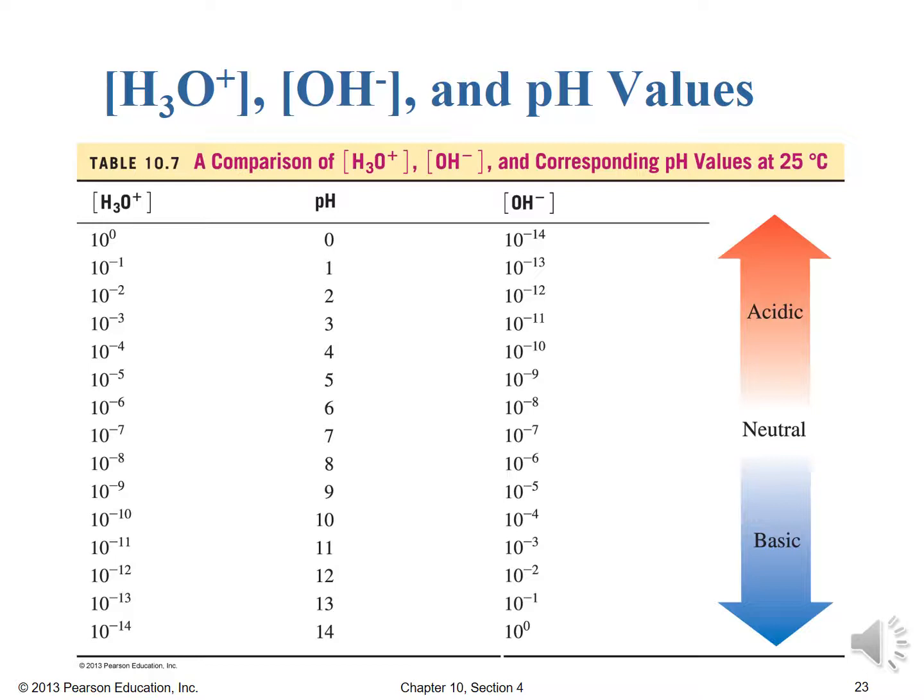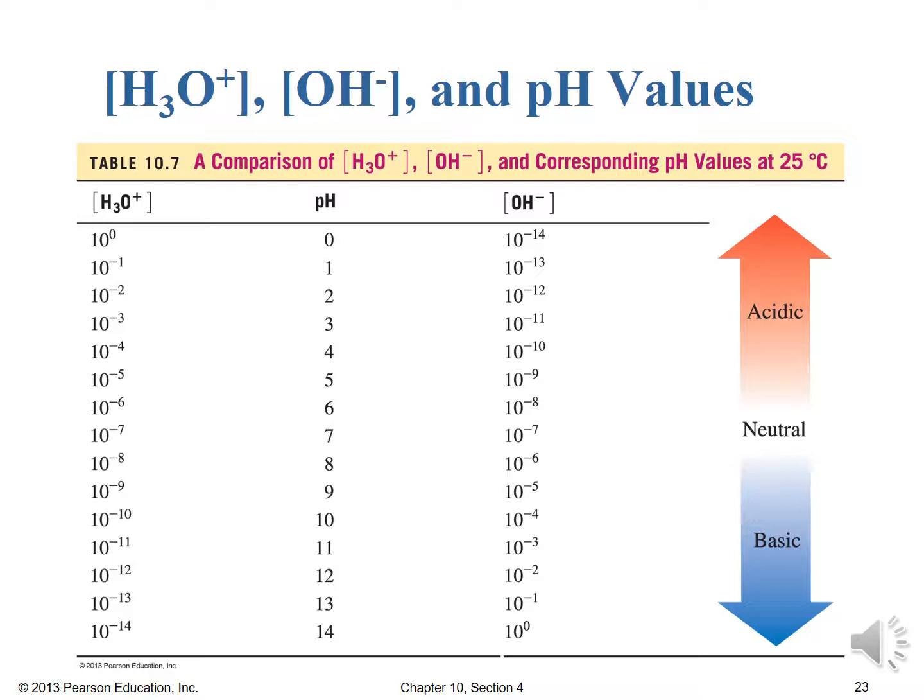As we move down the column for the H3O plus, we increase our exponent from 0 to the minus 1, so we're actually decreasing the H3O plus concentration, and our pH value is just that exponent as a positive value instead of a negative. Again, 0 is neither positive nor negative, so we end up with a pH of 0 from 10 to the 0, but 10 to the minus 1 all the way up to 10 to the minus 14 relates to a pH of 1 to 14.